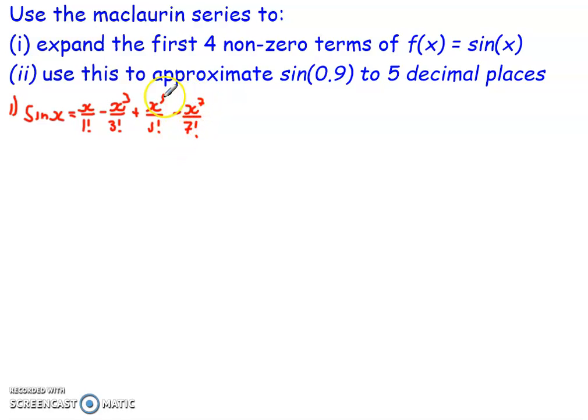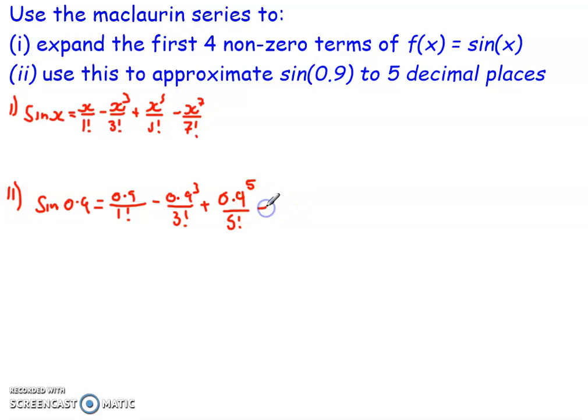Second part of the question was I want to use this to approximate sine of 0.9 to 5 decimal places. So in order to do that and calculate sine of 0.9, I substitute it in here. So I've got 0.9 over 1 factorial, take away 0.9 cubed over 3 factorial, plus 0.9 to the power of 5 over 5 factorial, take away 0.9 to the power of 7 over 7 factorial.